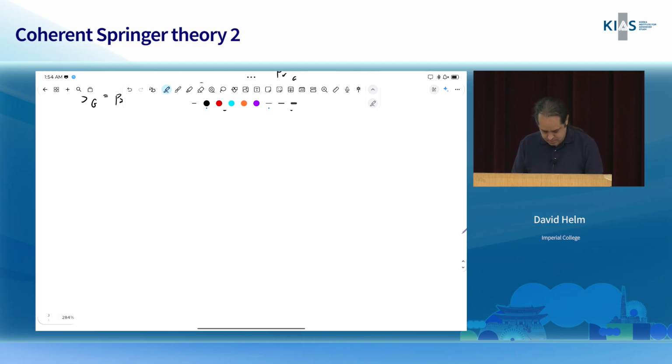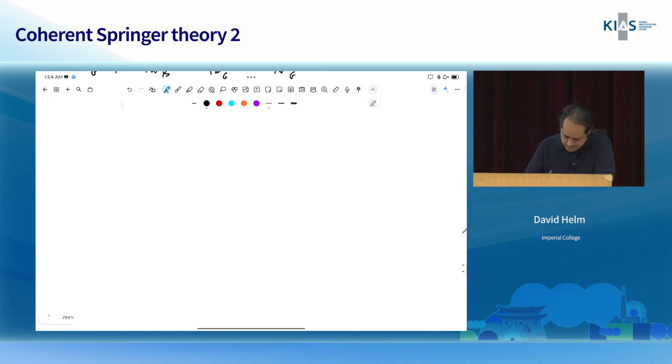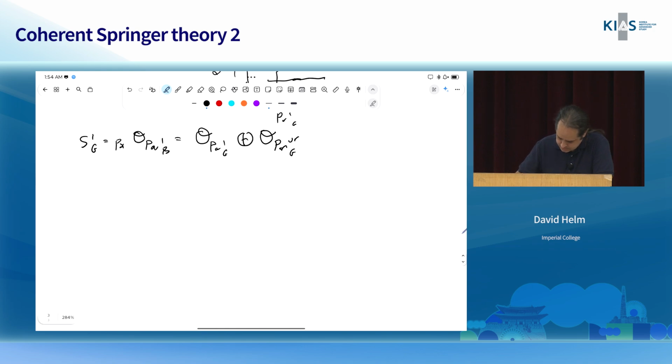Remember that the categorical local Langlands correspondence takes this generator, I_B^G of the universal unramified character, to the Springer sheaf.